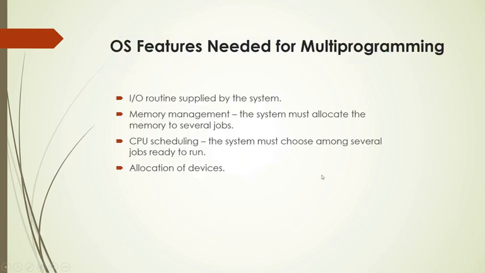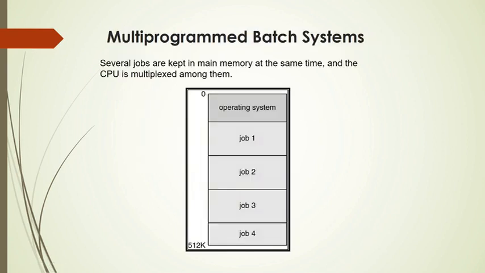One more important thing provided by the operating system is CPU scheduling. Now what is CPU scheduling? If we again go back to the diagram, we see that there are multiple jobs. Who will decide which job to execute first, which second, then third, then fourth, and so on? There is a scheduler program provided by the operating system.